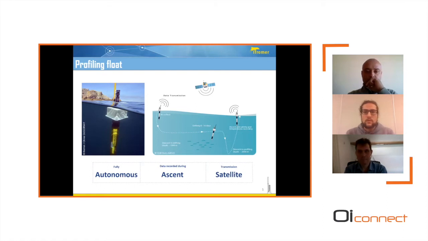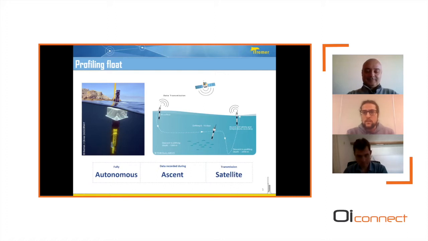On the right side of the slide, you have a typical cycle for a float. So basically, the float will descend to a predetermined depth of 1,000 meters. Then it will drift during 10 days, descend once again to a depth of 2,000 meters.